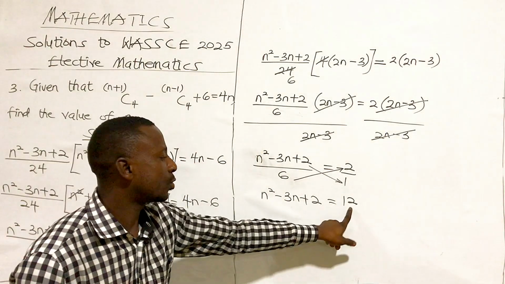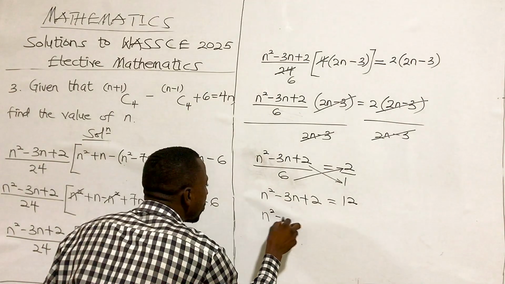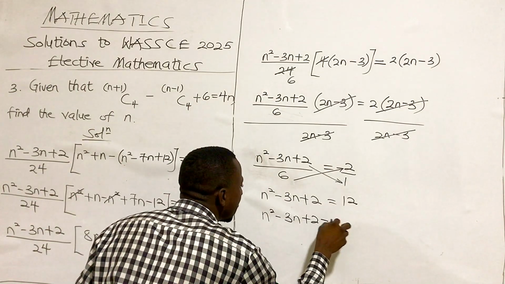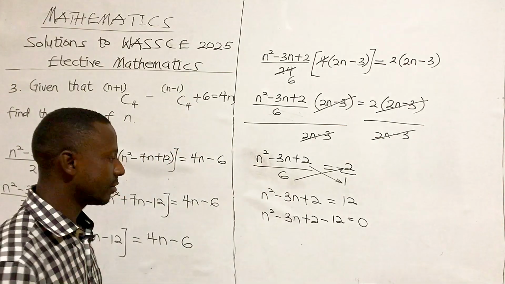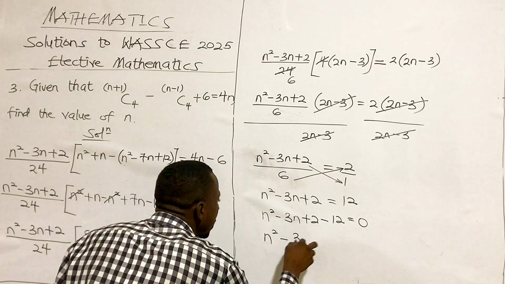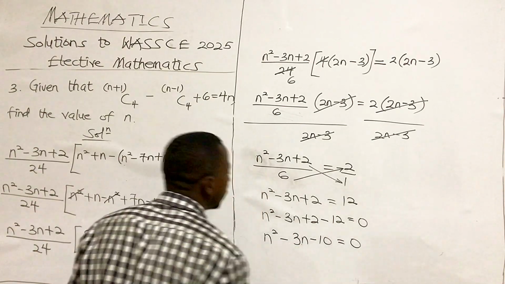So here, the 12 will move to the other side. So we have n squared minus 3n plus 2 minus 12 is equal to 0. So we have n squared minus 3n minus 10 is equal to 0.